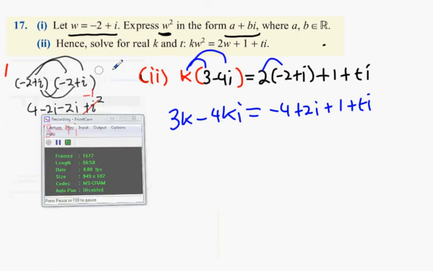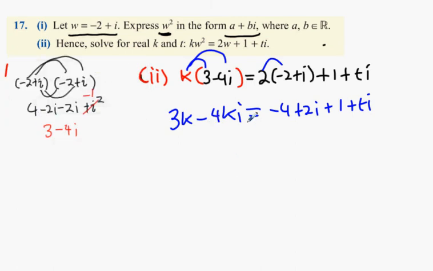Now, what happens next is you pair off the real versus imaginary numbers. What's the first one, real or imaginary? Second one? Next one? Now, what equations do we make?